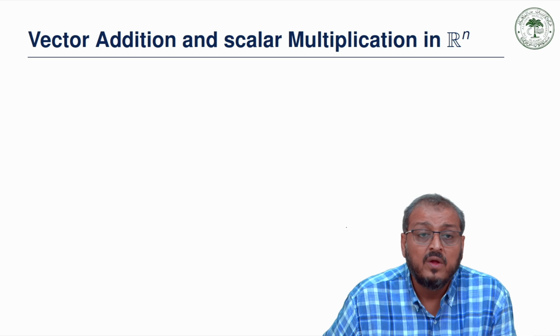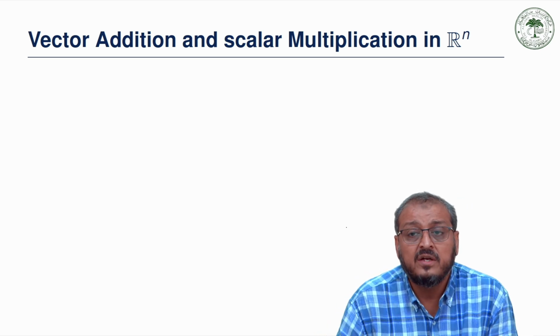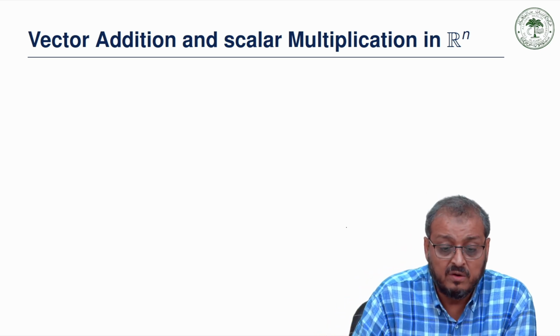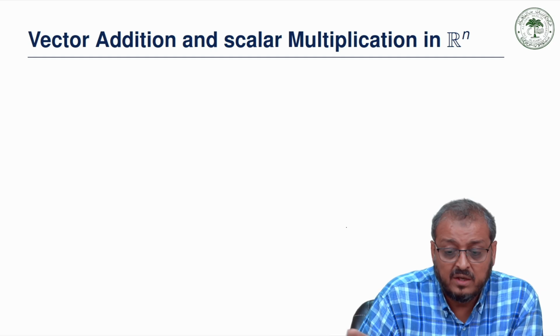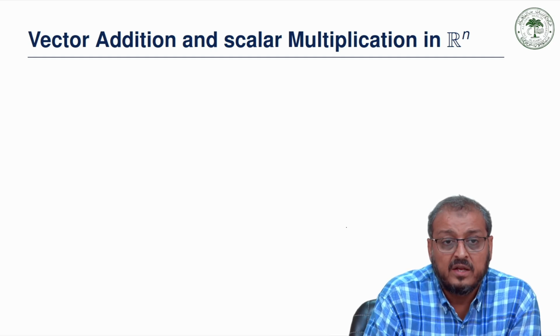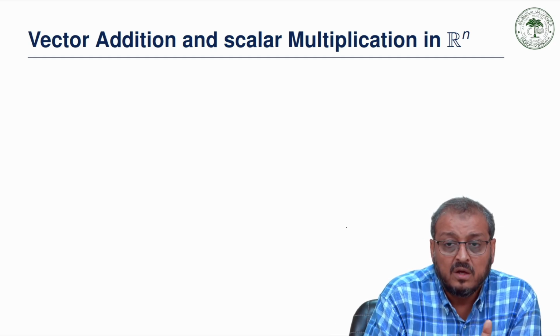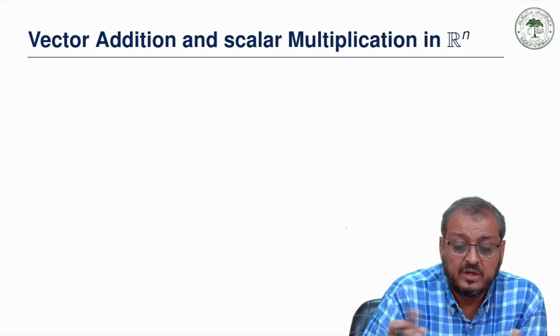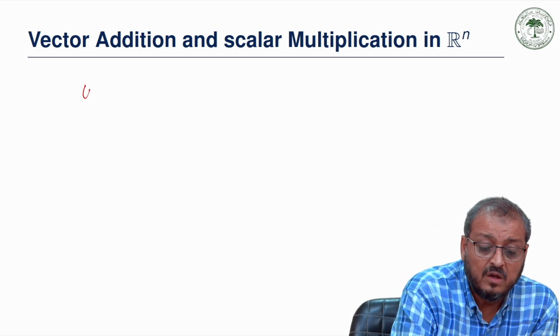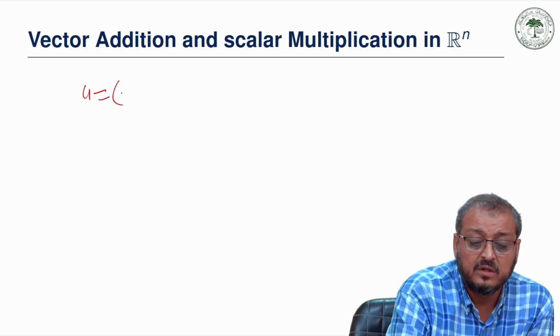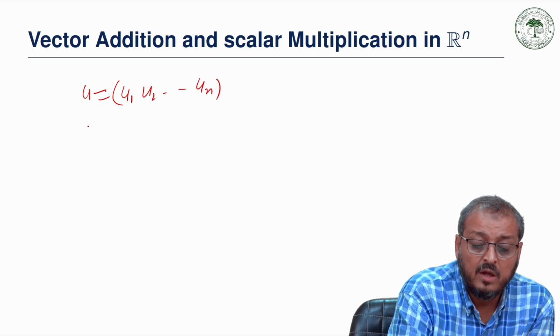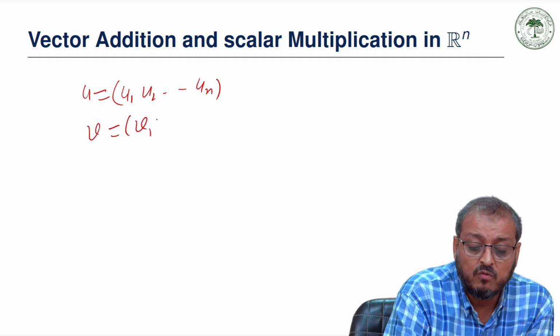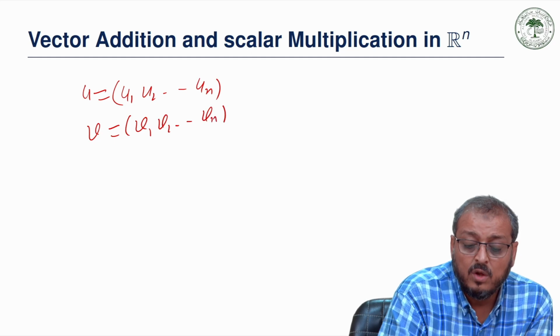Now we come to vector addition and scalar multiplication on R to the power n. We take any vectors in Rn. Let u be equal to (u1, u2, up to un), because we are working in Rn, and v be an element of Rn, (v1, v2, up to vn).